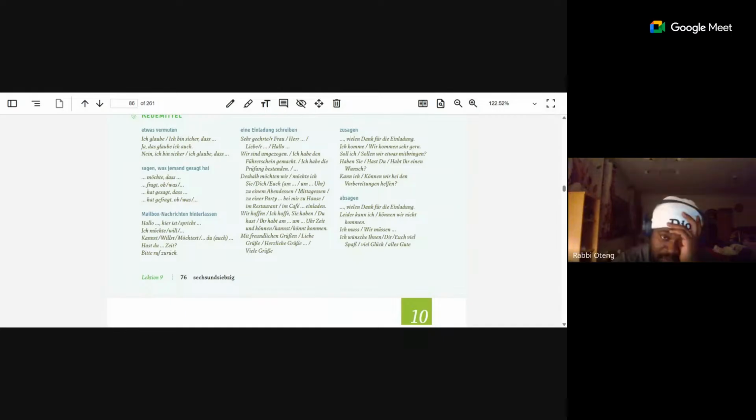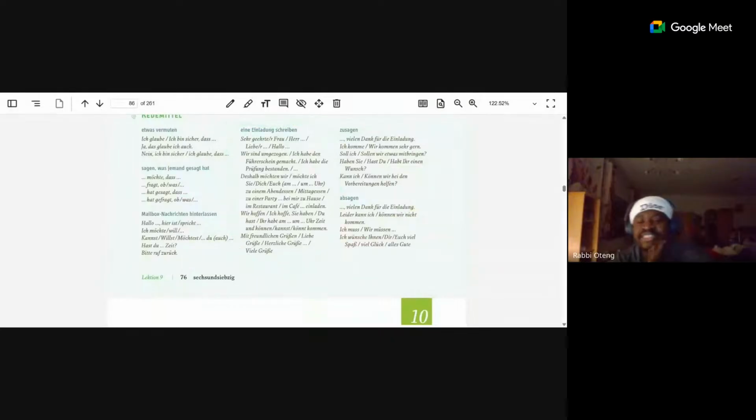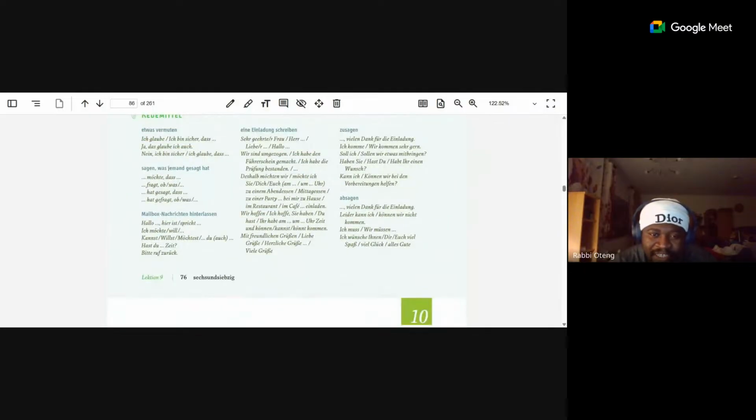Yeah. Then eine Einladung schreiben. Letter writing will take time and we go through everything. Okay. Formal letter, informal letter. So zusagen means to agree to something or to promise that you will do something. So: vielen Dank für deine Einladung. Ich komme gern, ich komme. Dann absagen is to cancel, and when you want to cancel, you can say: vielen Dank für die Einladung.